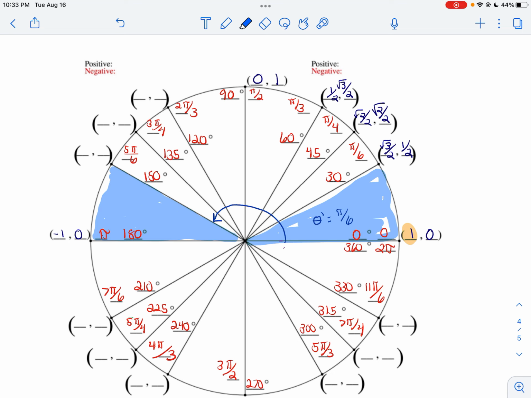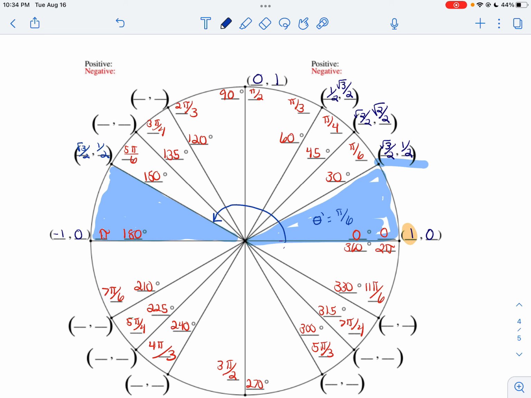So that has the same reference angle. What's cool about that, since that has the same reference angle, it must have the same corresponding ordered pair. So that means since pi over 6's ordered pair is square root of 3 over 2 and 1/2, 5 pi over 6's ordered pair is also square root of 3 over 2 and 1/2.